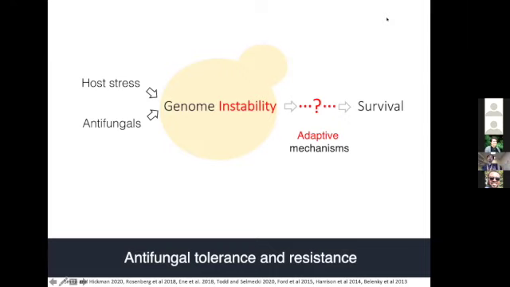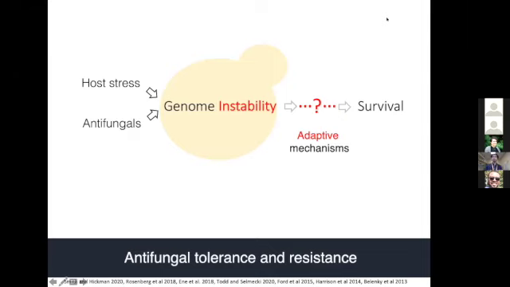We all know that there are adaptive mutations. We all know that there are a lot of different stresses in the host or from antifungals, which can trigger fungal genome instability and push them to evolve to become resistant, since mutation and genome instability are a major force driving evolution.